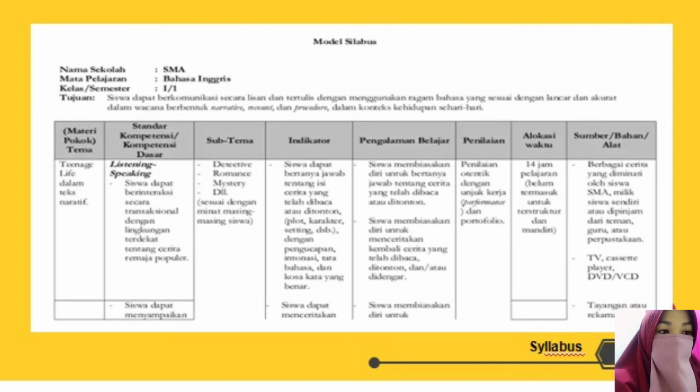And the indicator: students have responsibility to understand the story that they watched or said or saw before. And then ada pengalaman belajar, lalu penilaian, alokasi waktu, dan sumber. Ini untuk memudahkan siswa agar mengerti tentang pelajaran yang dibawakan oleh guru.